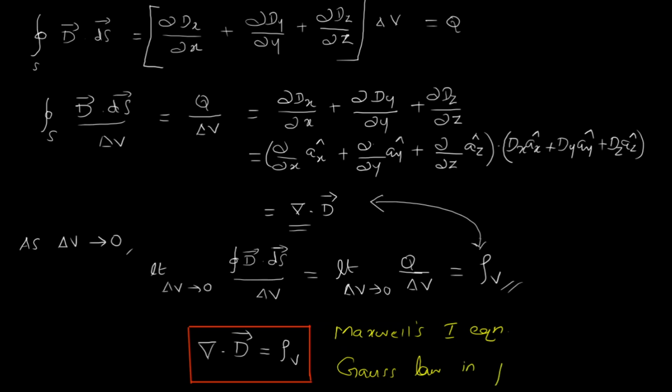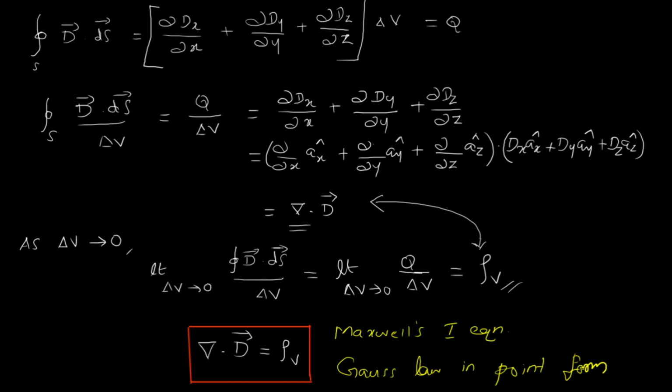That is, psi equal to Q can also be represented as del dot D equal to rho v. So del dot D equal to rho v gives me the entire idea of divergence, considering a point P and applying Gauss's law, which finally gives me the point form of Gauss's law or Maxwell's first equation.